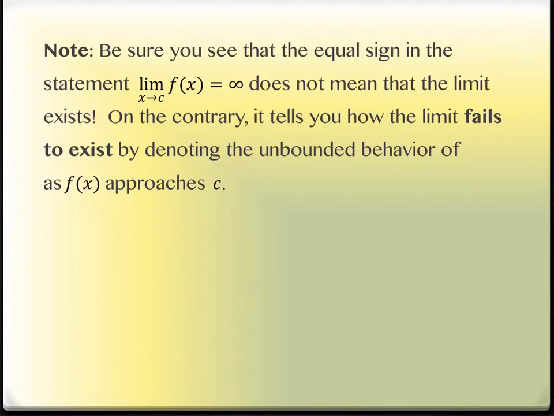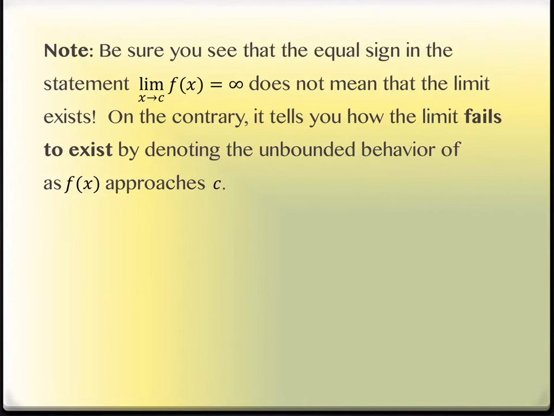The other failures to exist, do you remember when we've had limits before that failed to exist? What was the way in which they failed to exist? So asymptotes, this is an asymptote. What else happened that limits failed to exist? A hole? The limits actually exist if there's only a hole. A jump. So if we have the graph coming from two directions and they're approaching values, and the values are different, right?